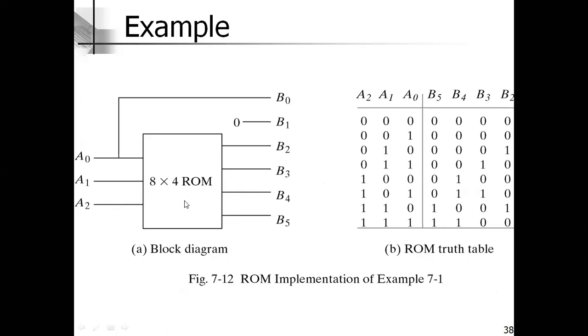For the ROM structure, if we give k input address lines, it will generate 2 power k words. And here there are 6 outputs, so why give only 4? N is 4 here. Why replace 6 with 4?